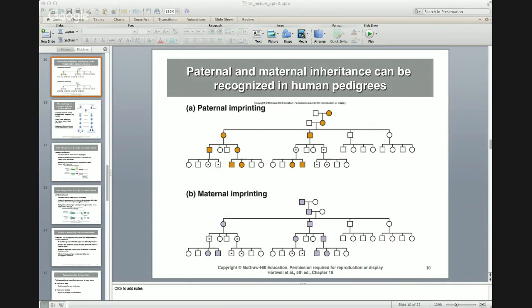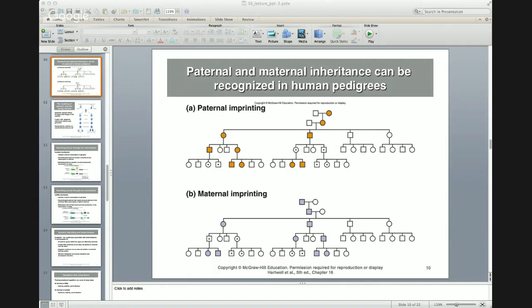The non-coding RNA known as AIR, A-I-R, is transcribed from a promoter found within an intron of the IGFR2 gene. IGF stands for insulin growth factor receptor, so we have an insulin growth factor receptor.